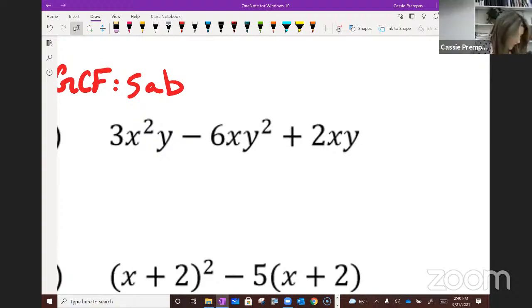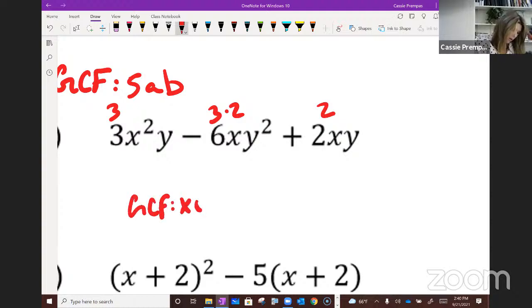The pink? Yeah. Okay. So this one is tricky because 6 is 3 times 2. If I look at this one, it's just 2 and this one's 3. They don't share anything, all 3 of them. It means they all 3 have to share it, but they do all share an XY. So the GCF would be XY.